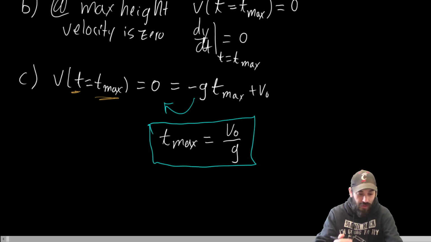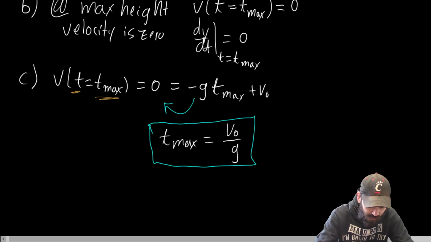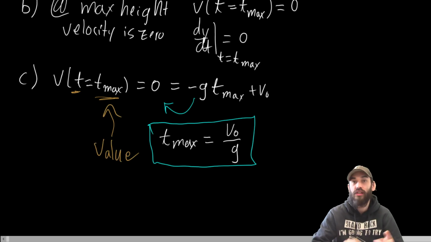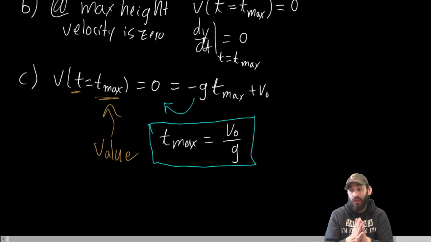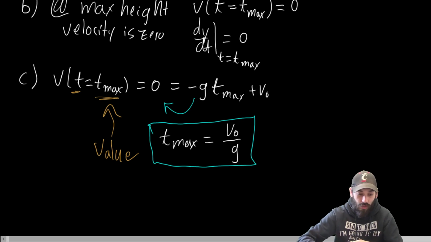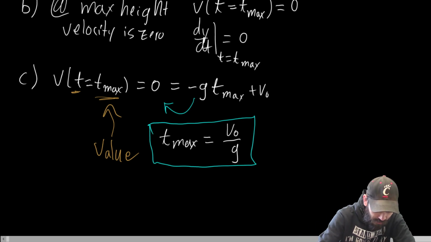Put very simply, T max is a value. It's how long does it take to get to the top? That's a number. If we were running a real experiment and we had values to play with, we could say T max is 5 seconds, T max is 10 seconds, but it's a number. Whereas t is a variable.